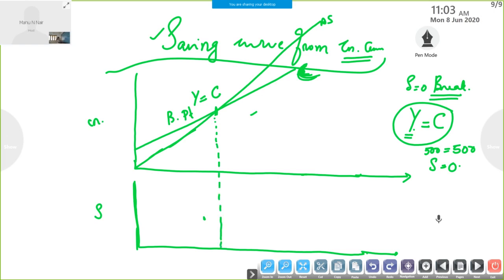Based upon this point you have to intersect.